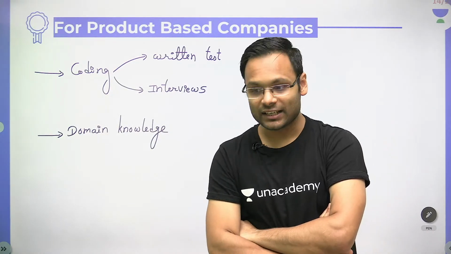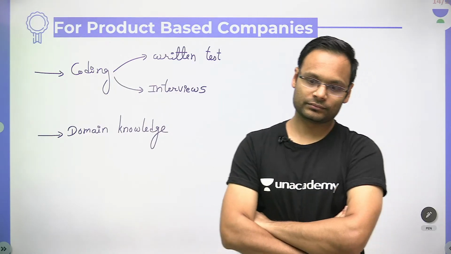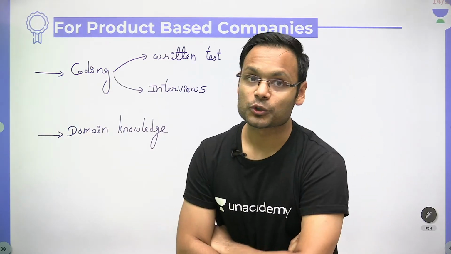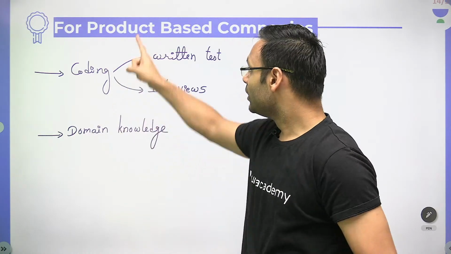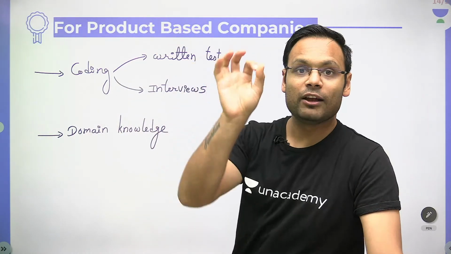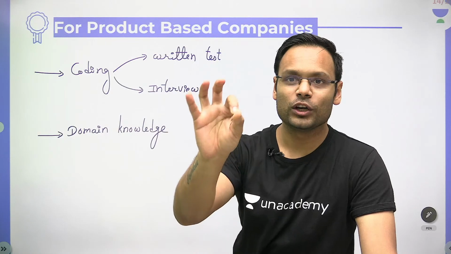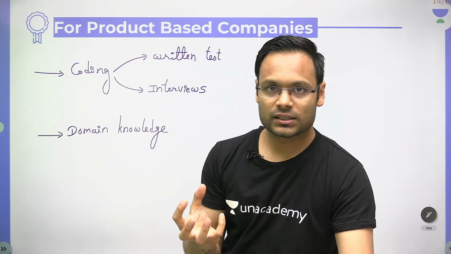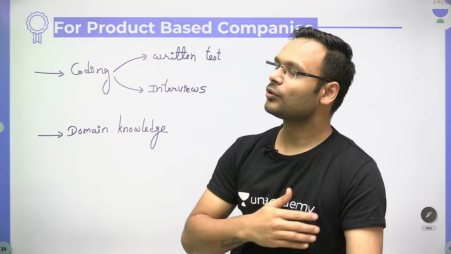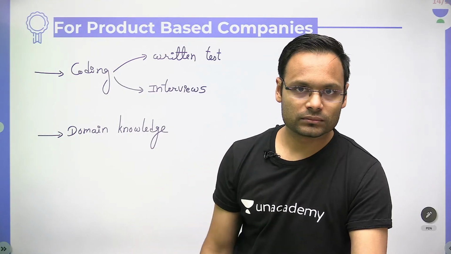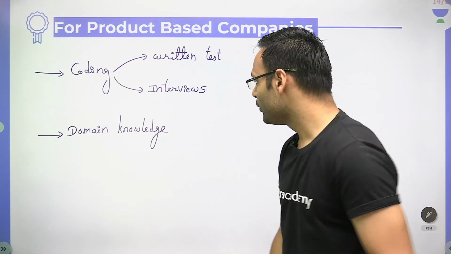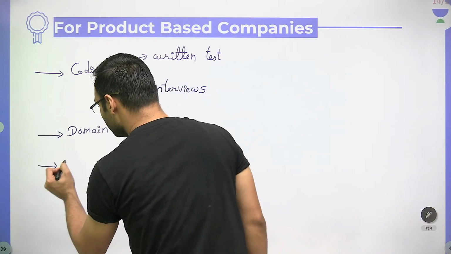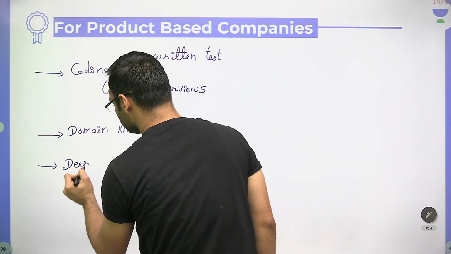How is that particular data structure created? Such detailed questions will be asked in product-based companies, because they want a person who has very deep knowledge of the courses. If you don't have it, you are not getting selected for sure. So you need to have domain knowledge, plus deep course knowledge too.